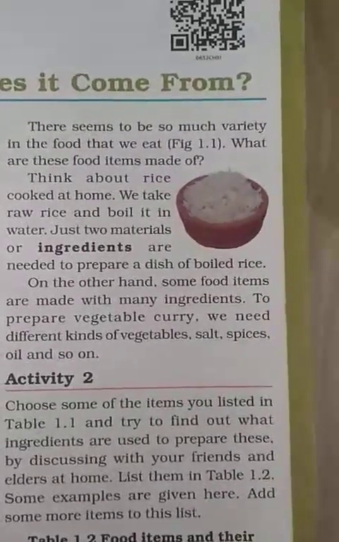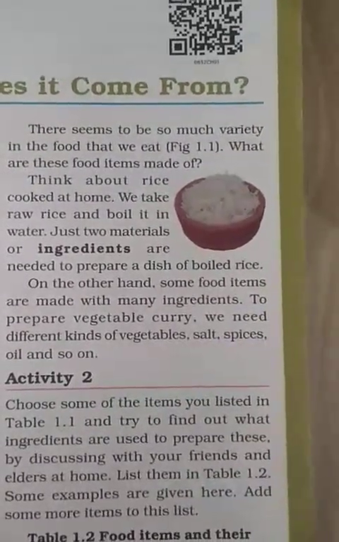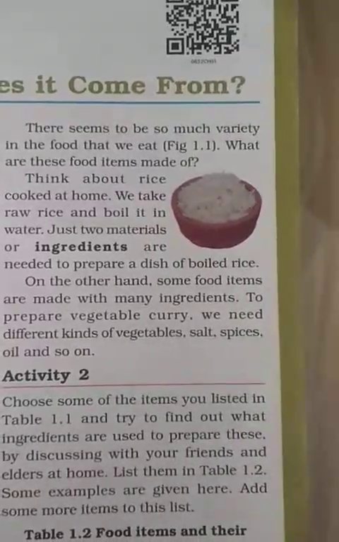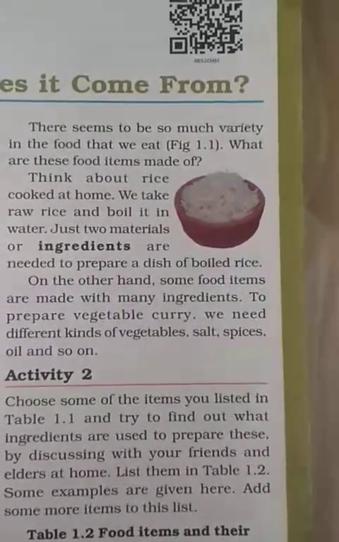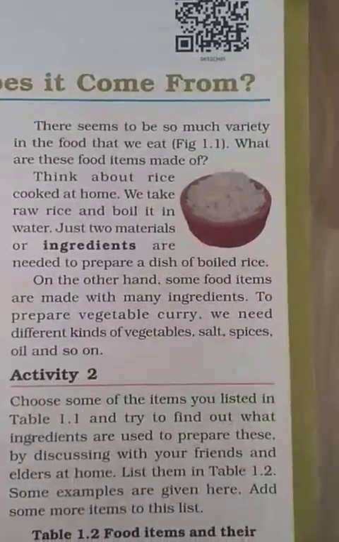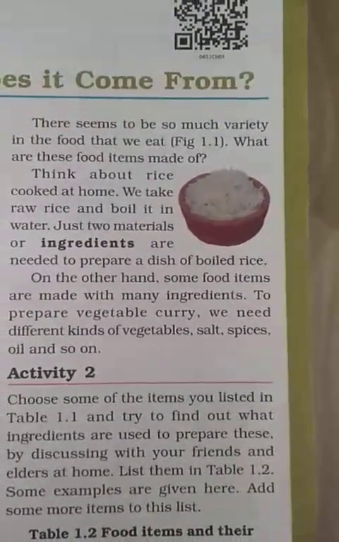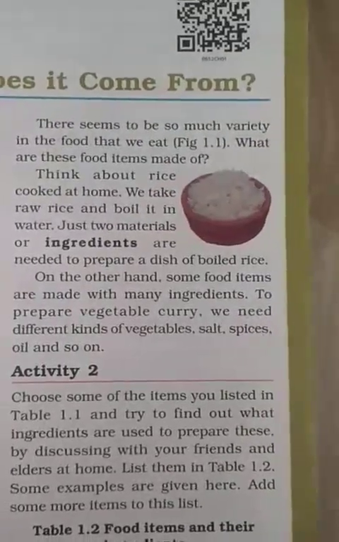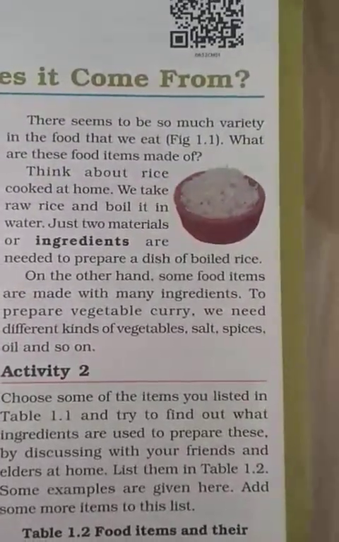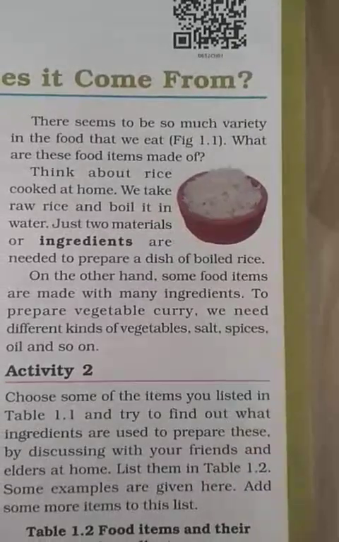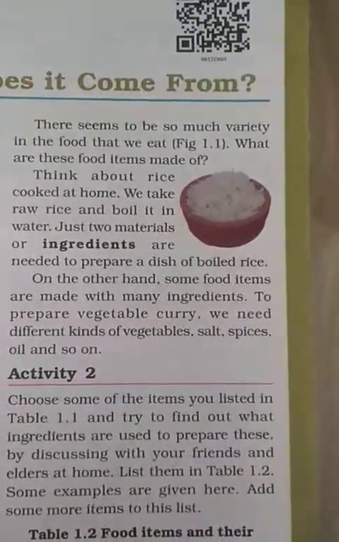Just two materials or ingredients are needed to prepare a dish of boiled rice. On the other hand, some food items are made with many ingredients. To prepare a vegetable curry, dal or sabzi, we need different kinds of vegetables, salt, spices, oil, and so on.